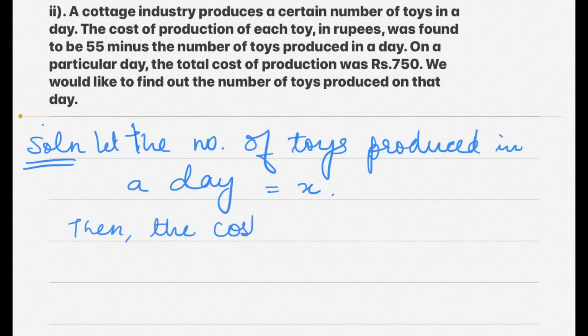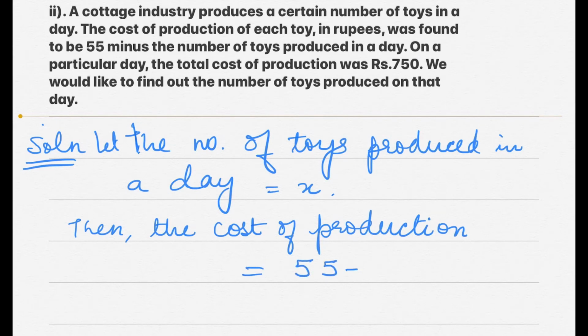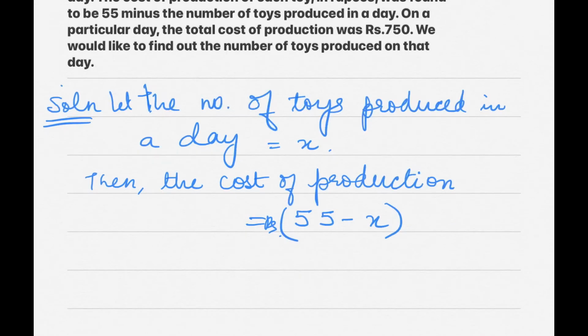So the cost of production of each toy is equal to 55 minus the number of toys produced in a day. So this cost of production is rupees 55 minus x.